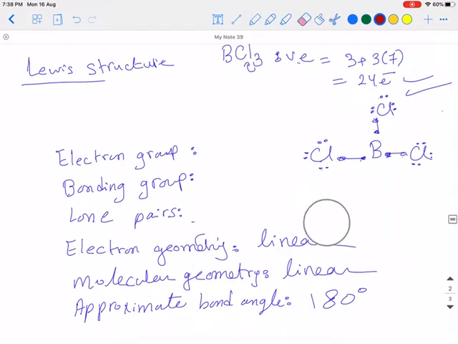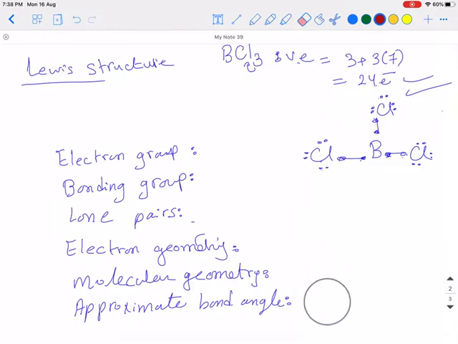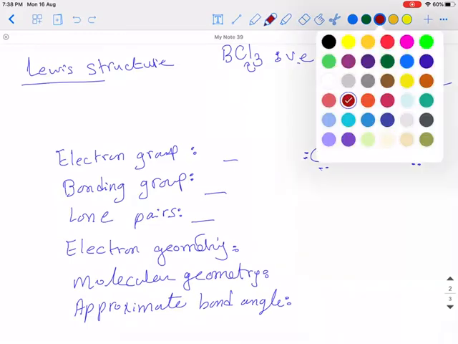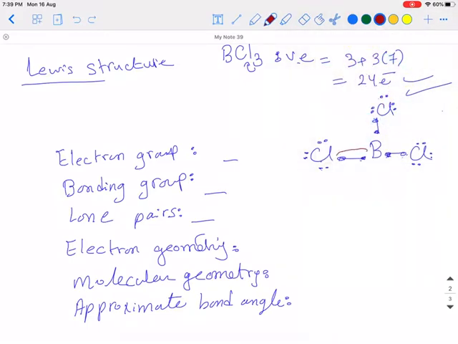Now let us answer the questions here according to the molecule that I have. What is the electron group? The electron group around boron is, let us see, 1, 2, and 3.